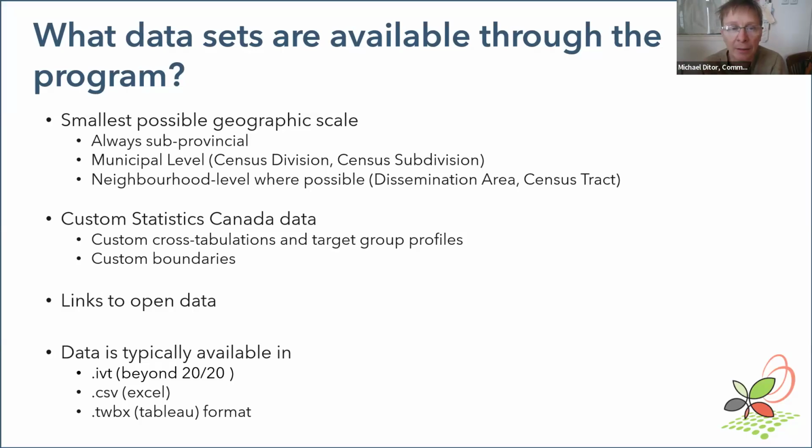So for the census, you can give us your custom boundaries, like a service area, a ward, something like that, either as a shapefile or a description of how it's built from other standard geographies, and then we will get that geocoded so that we can get tables produced for those boundaries.